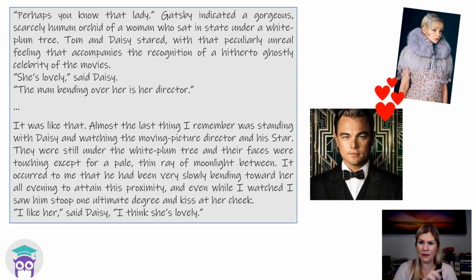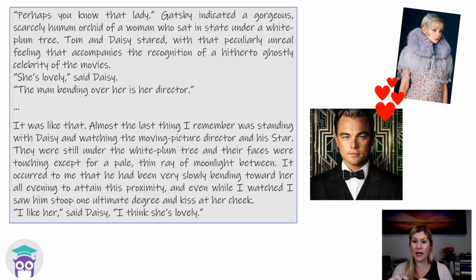If you look at these two characters in this light, you've got this perfect, beautiful woman who is staying still and motionless, almost as if she's been directed as such. And then you've got the director getting closer and closer, very slowly, moving towards the star, his star with a capital S. It's a symbol for Gatsby and Daisy.